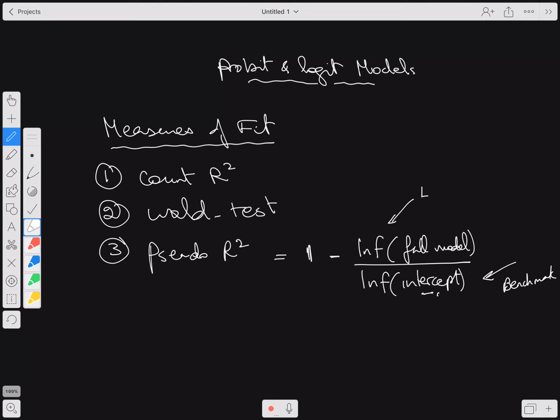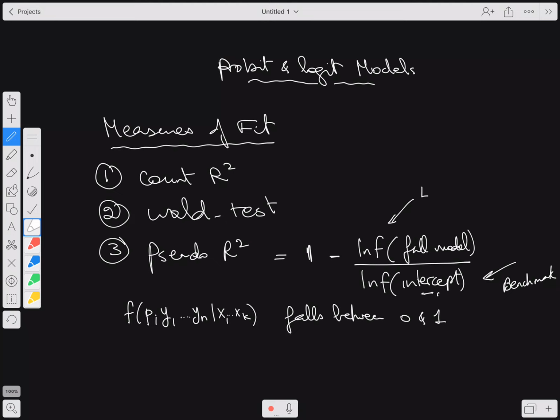As I said, an important thing about this pseudo R square is the likelihood function, the one I wrote on the board, which has the probability of y1 all the way to yn given the x's, x1 to xk. This is the likelihood function. And as I said in class, this likelihood function falls between 0 and 1.